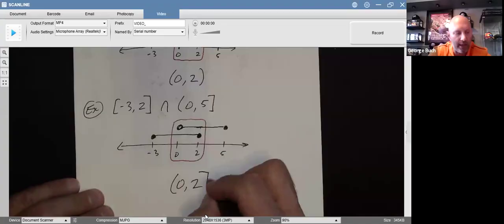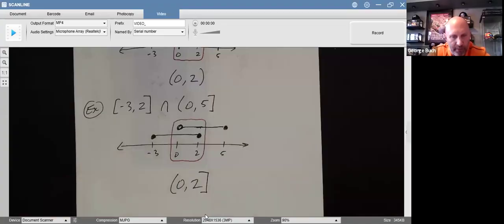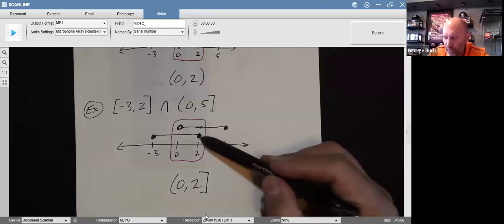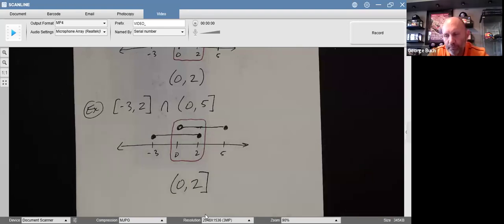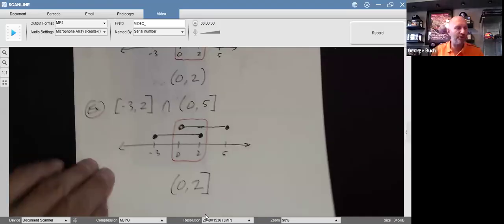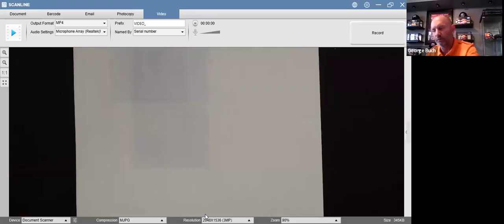Therefore, it gets a bracket and not a parenthesis. So that's why this answer differs a little bit from the previous example because of that closed circle. So because of this closed circle, it means it's included. So I have to include it in my answer. So that's how we do union and intersection problems with interval notation.